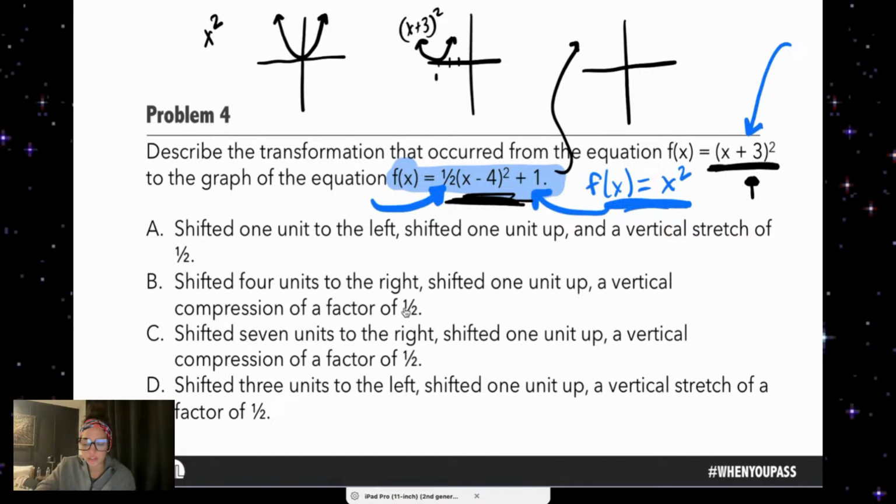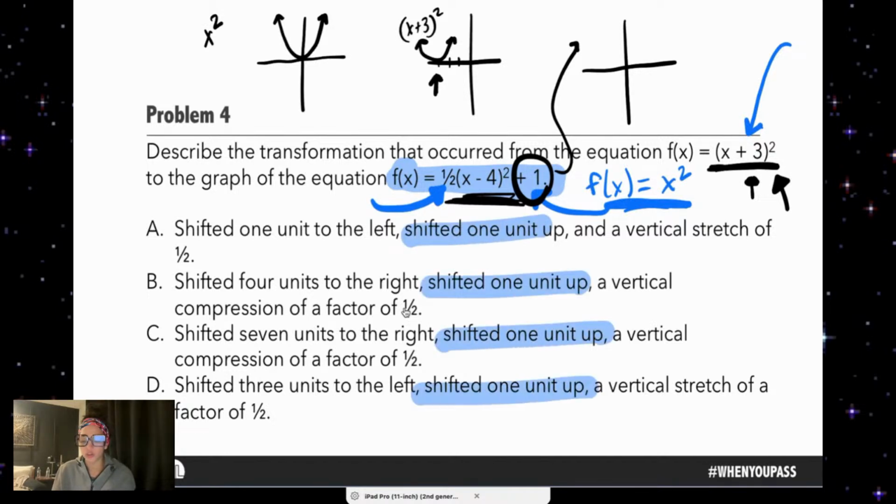It's still shifted 1 unit up because there was no vertical shift here, which means that the vertical shift here is still going to be 1 unit up. So I'm going to cross off any graph that says anything other than 1 unit up. 1 unit up, 1 unit up, 1 unit up, 1 unit up. Fantastic. That did not help me eliminate any of my answer choices.